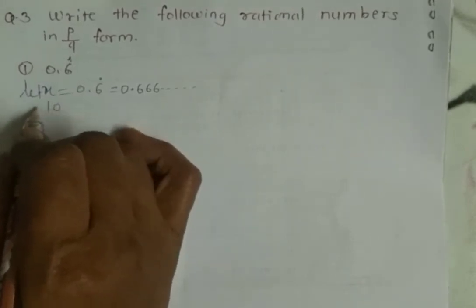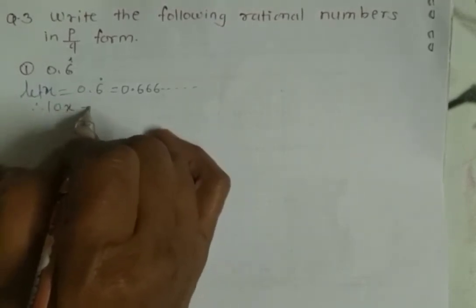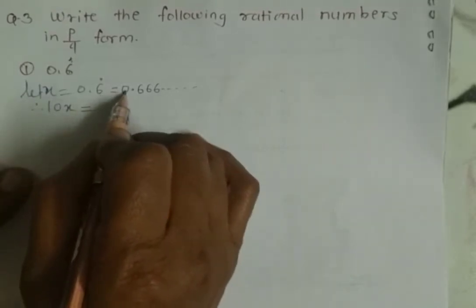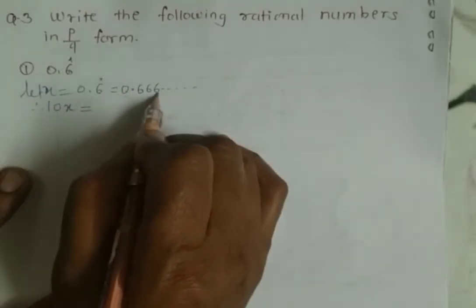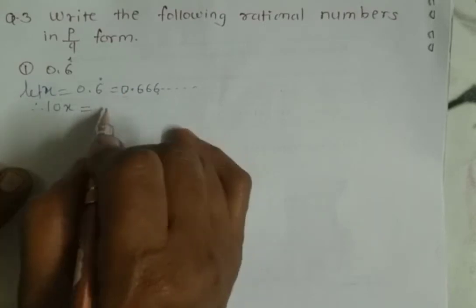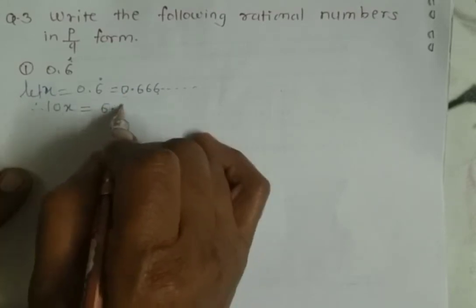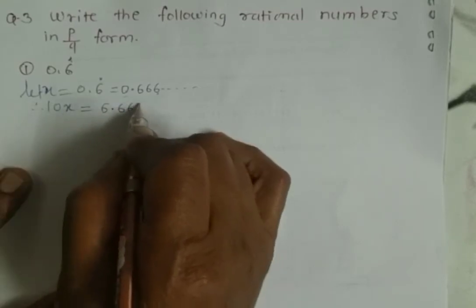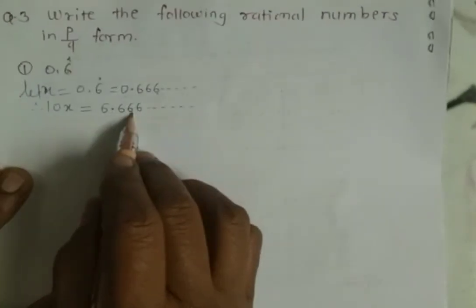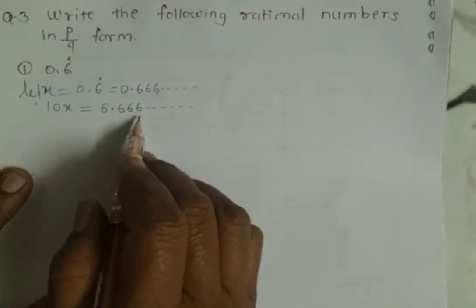We obtain 10x on the left side, and multiplying the number by 10, the decimal point goes to the right, so we get 6.666..., because the right side is the same, with 6s infinite times to the right of the decimal point.